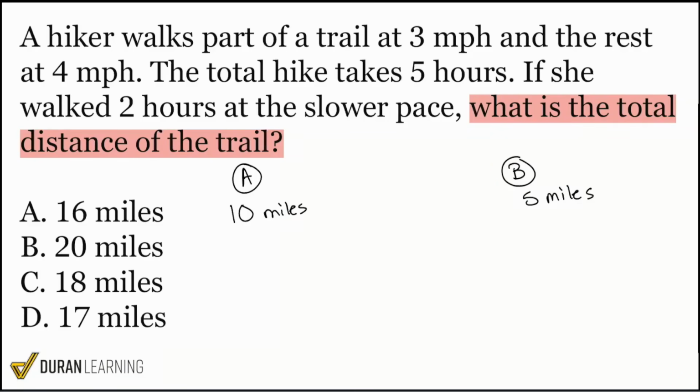I know that would make intuitive sense, but the big problem is, I don't see distance. I don't see the distance at all. So this is where we need to figure out, if I can get the distance for part A, and I can get the distance for part B, then we can add them together.